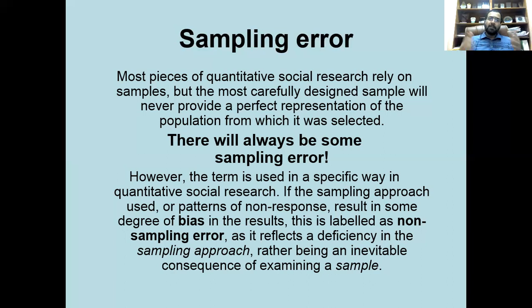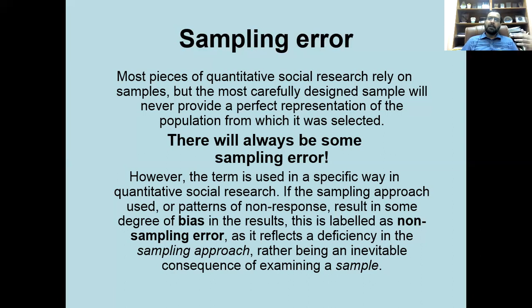However, the term is used in a specific way in quantitative social research. If the sampling approach used, or patterns of non-response, result in some degree of bias in the result, this is labeled as non-sampling error. So what it says is that whatever sampling approach is used, we will talk about those various sampling approaches, and you might have an idea about those.